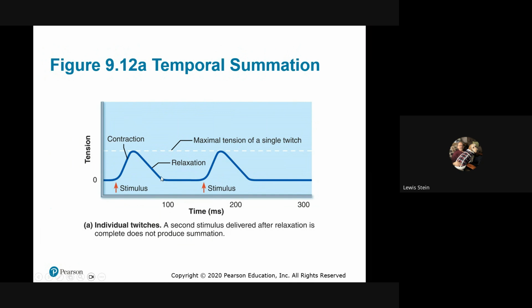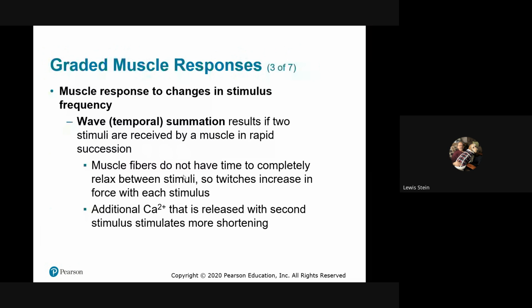If you look at the duration, just guesstimating, 70 milliseconds. You're using a stimulus maybe one every tenth of a second. That's ample time for skeletal muscle to completely relax. That's the key. So you've reached an isolated contraction.